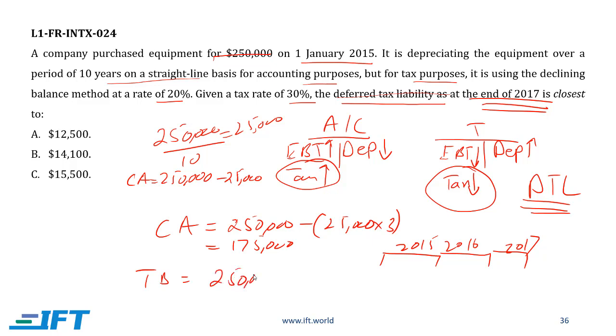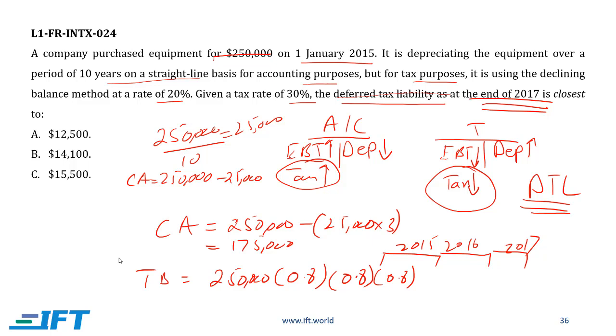Your tax base would be 250,000. But what's your balance method? What's your rate? 20%. So each year how much would remain? After the end of the first year, how much would remain? 0.8. And then again 0.8, and then again 0.8.